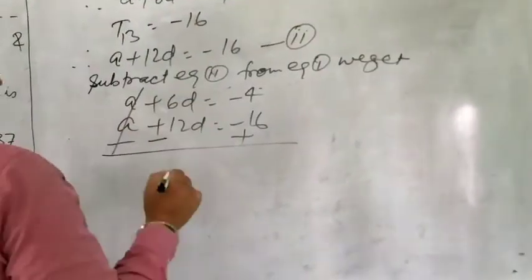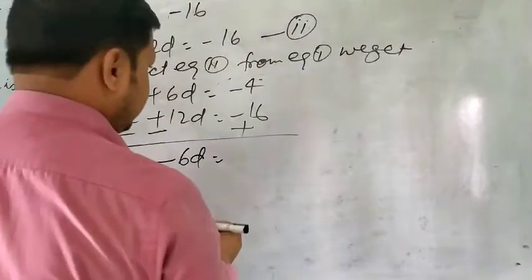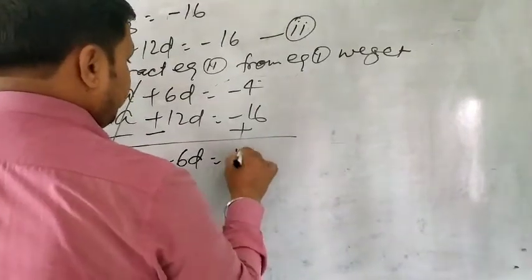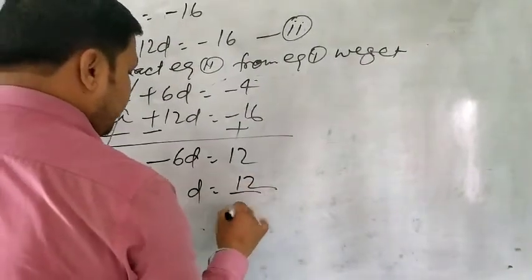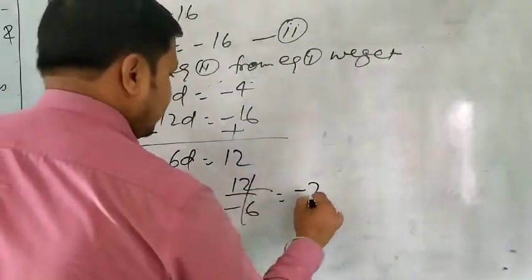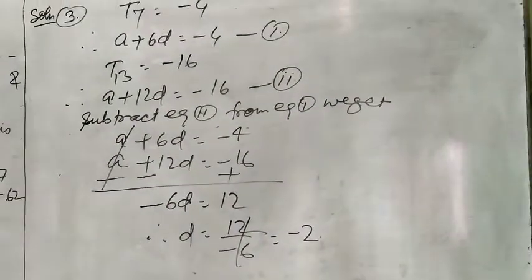Plus A and minus A cancel, and that means minus 6D, and your result is plus 12. So D equal to 12 by minus 6, that means minus 2. Your common difference is minus 2.